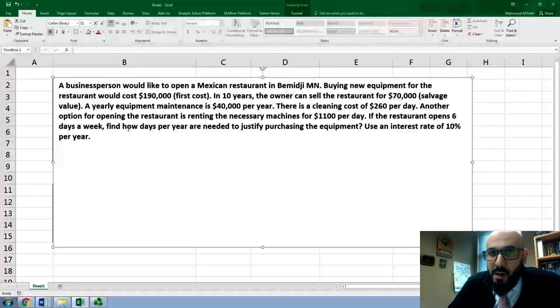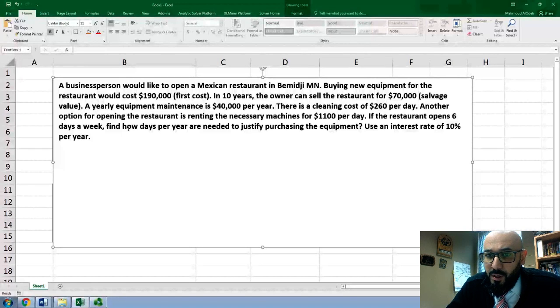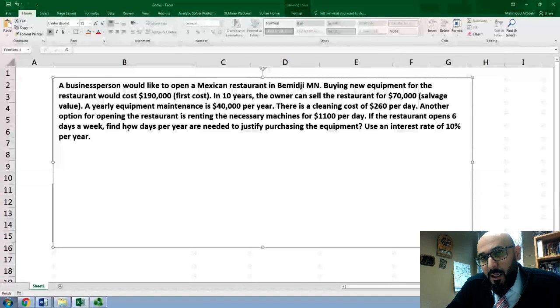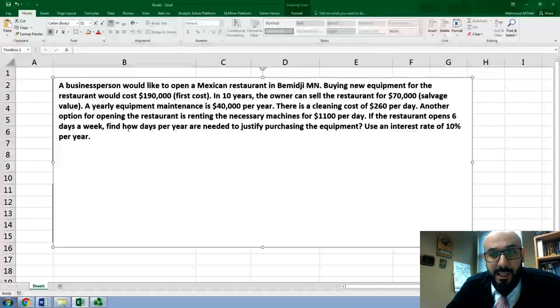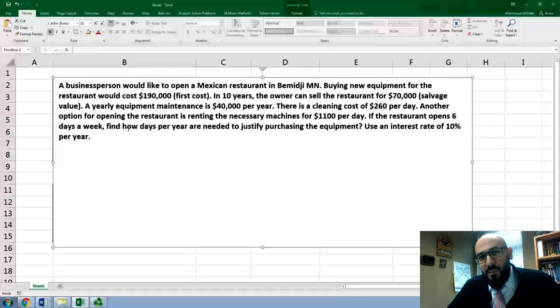This owner has the option of renting the necessary equipment for $1,100 per day. So the question says, if the restaurant is open 6 days a week, find how many days are needed to justify buying the equipment.